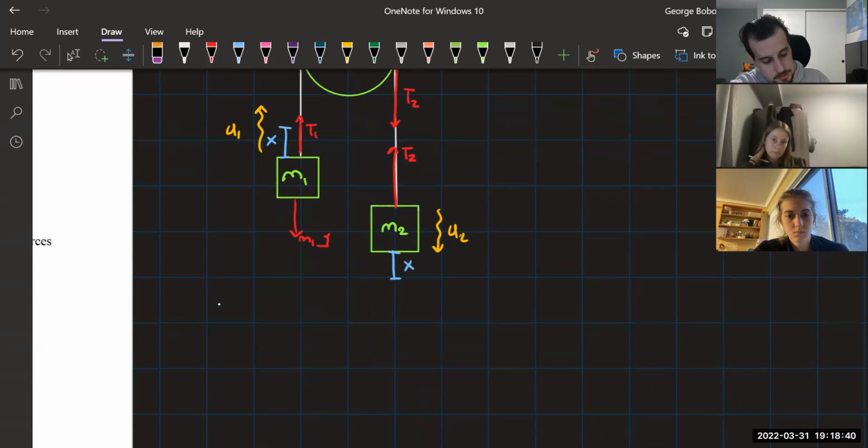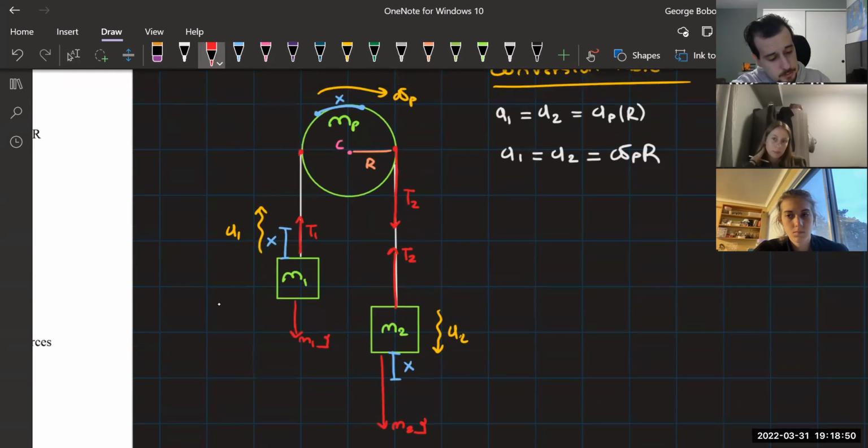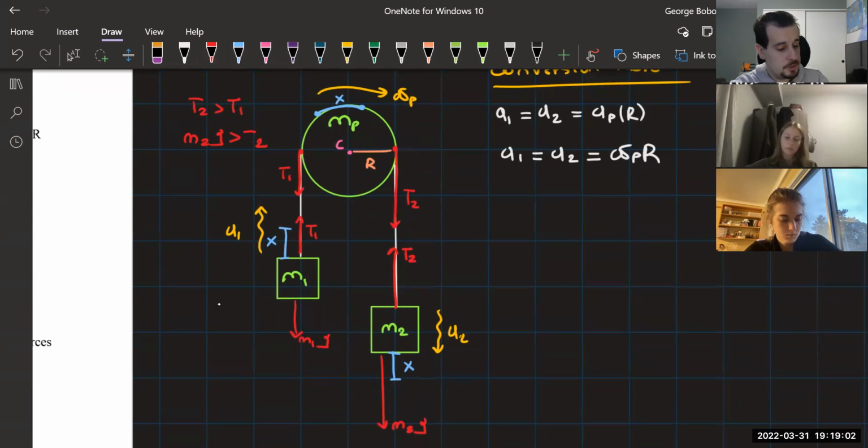And this mass here is, of course, bigger than everybody because it's going to drive the whole system down. So M2G needs to be bigger than T2. Not that this matters really right now for you, but it's nice to have a physical understanding that T2 is greater than T1 and that M2G is greater than T2. It's good to have this physical understanding. We don't need those though.